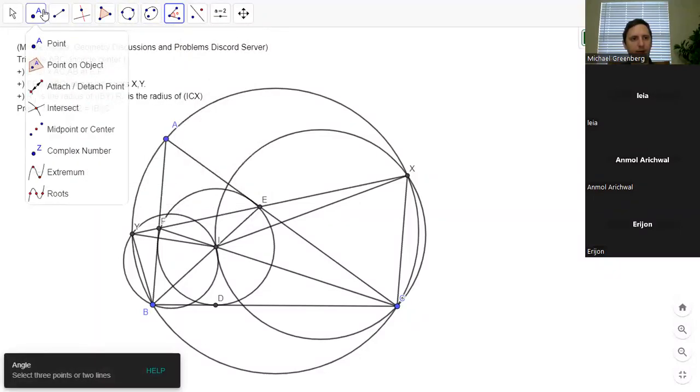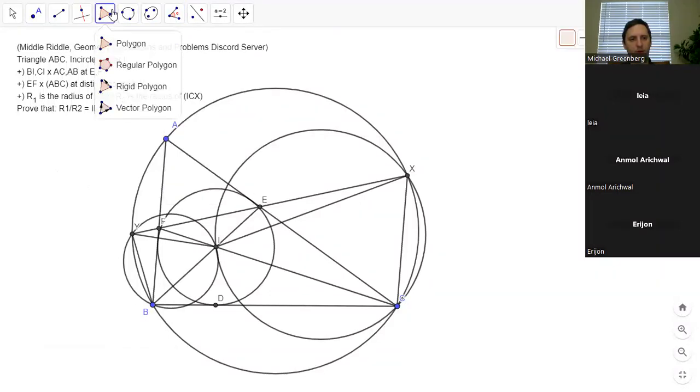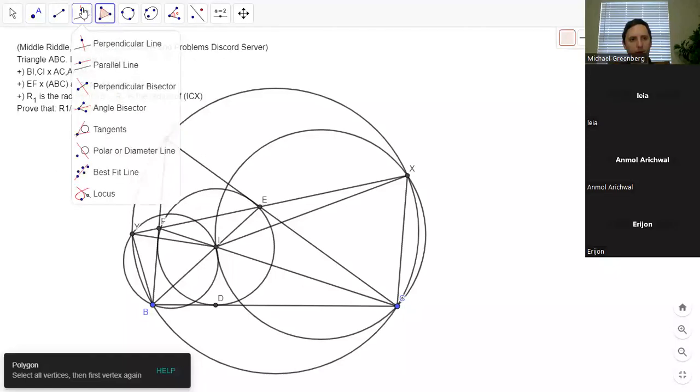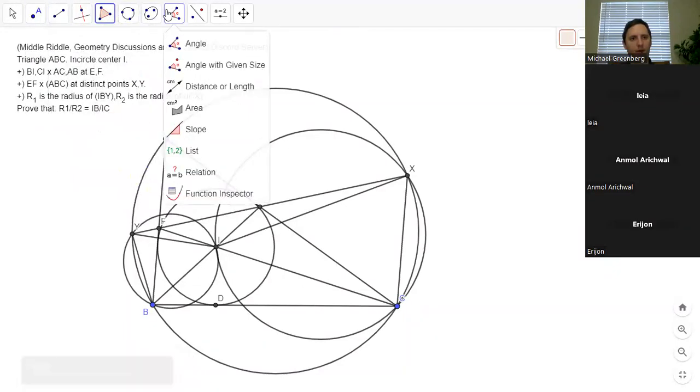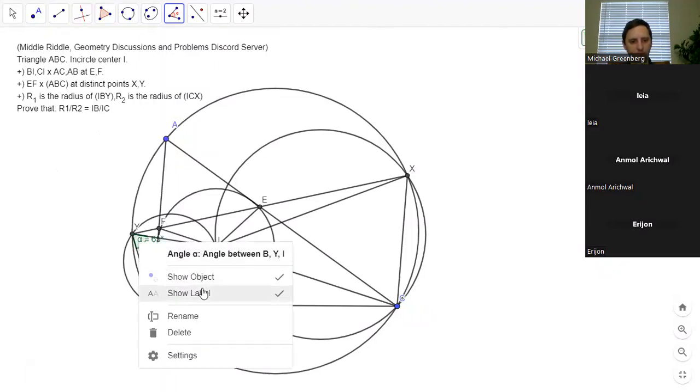I wonder if I could highlight an angle without giving it a size. I could highlight a polygon. Actually, I think I could just say don't show degrees.